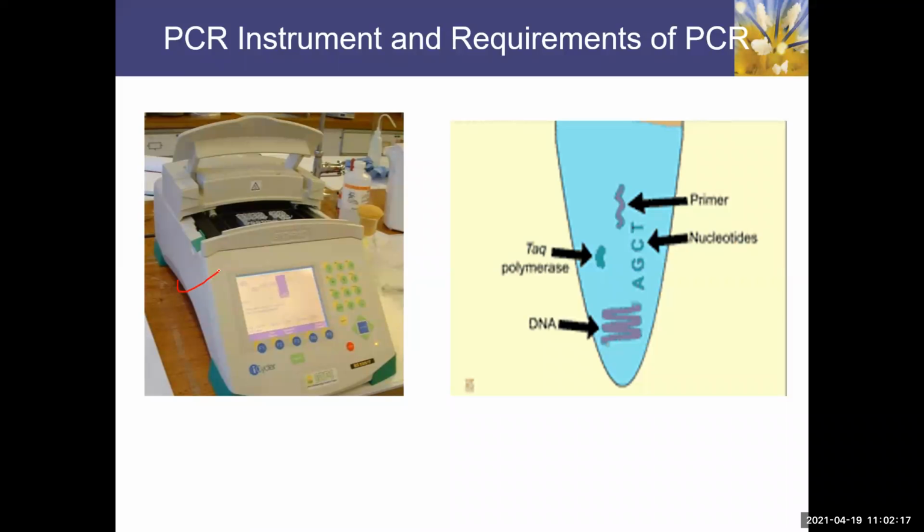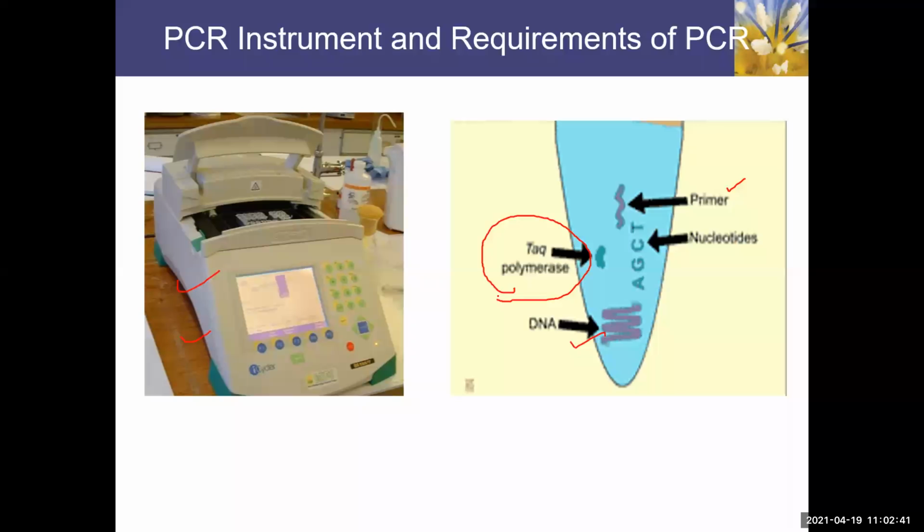And what are the requirements of the PCR? What do we need? We simply need a PCR machine, of course. We need the primer, of course. We cannot have replication without primers. We need the target DNA. What else? We need a special enzyme, the DNA polymerase. I told you the specialty about this enzyme is that it is thermostable.